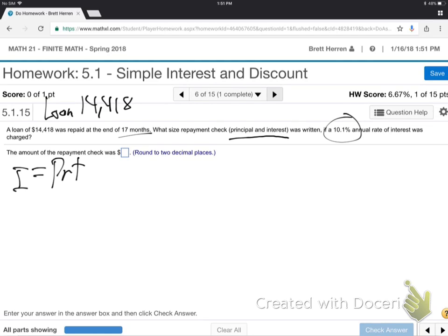And after you get that, add back the original principal, right? Because you borrowed $14,418. So in the end, you have to pay back the money you borrowed, the $14,418, plus the interest. So figure the interest and add it to the $14,418 to get the final answer, interest and principal. Give you a second on that, and then I'll whip it out, see if that makes sense for you.